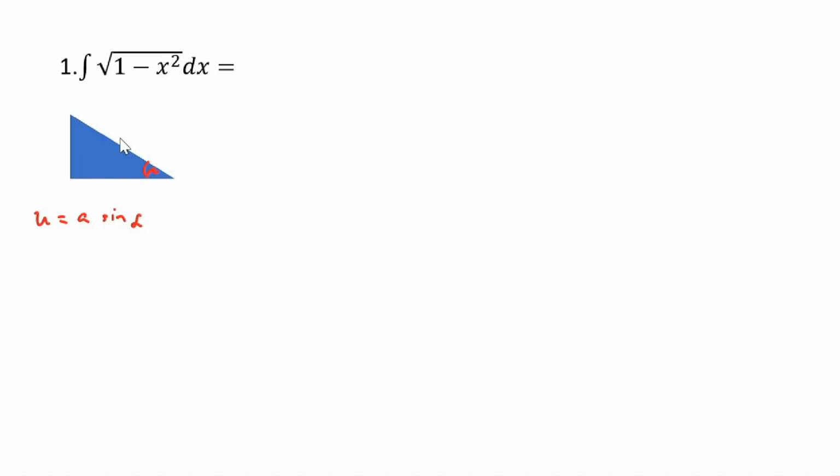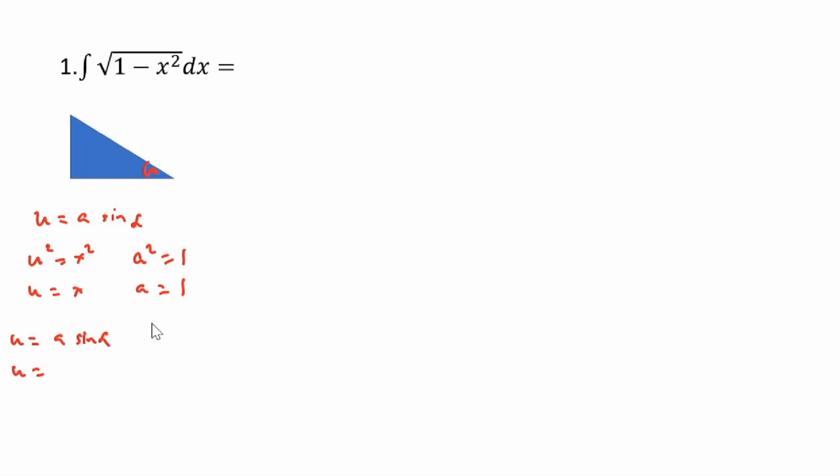So from the given, I have u squared is equal to x squared, and a squared is just equal to 1. So u equals x, and a is just equal to 1. Then by substitution, I have u is equal to a sine of alpha.